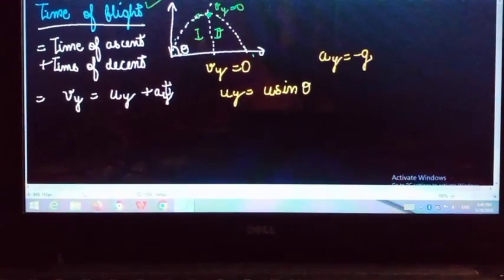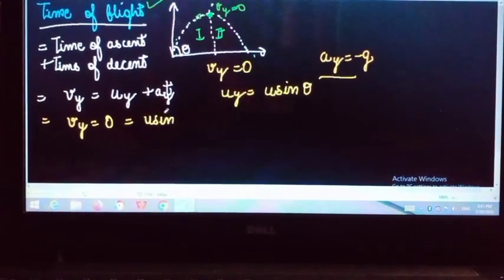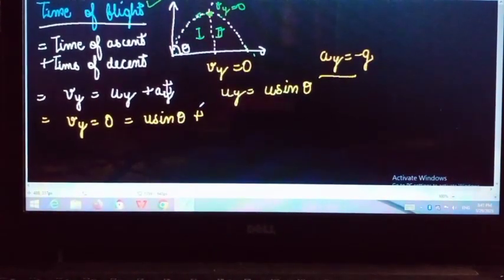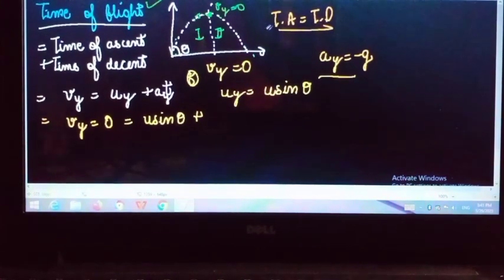We have studied the reason behind it. Remember, this time t is the time of ascent, and we know that the time of ascent is equal to the time of descent since the path is symmetrical.